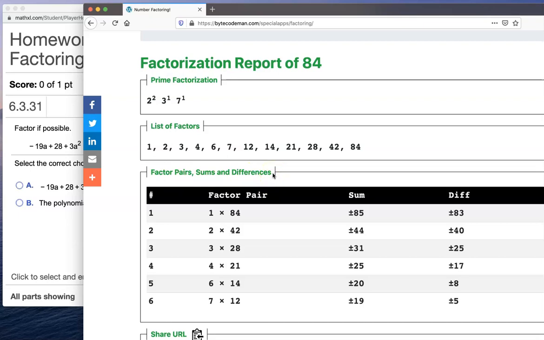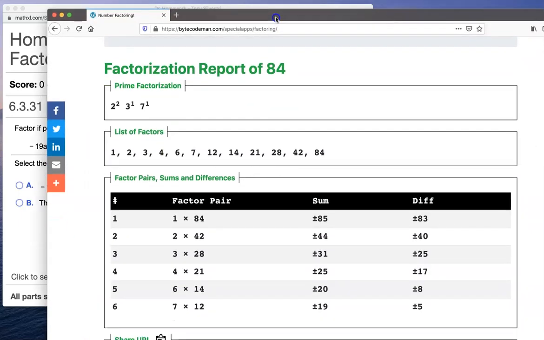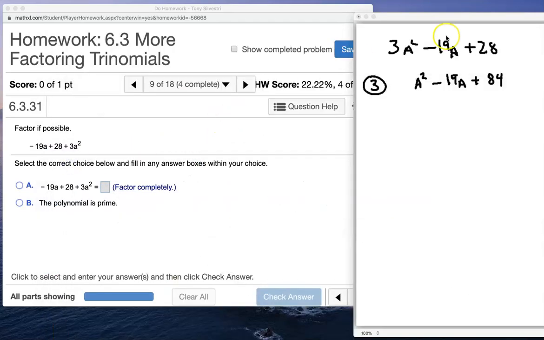Because this is what I'm asking for. Give me two numbers that multiply out to be 84, but yet add or subtract to be the middle number 19. Plus or minus 19. I'm going to go with this guy over here. See this plus or minus 19? These are the two numbers that are involved in that process, 7 and 12. Let me minimize that because we might want to use that later on. Okay, there it is.